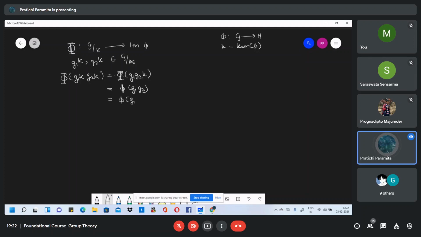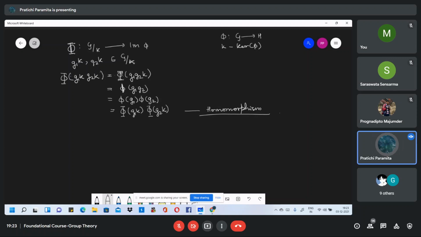And this is nothing but phi of g1, phi of g2, which is capital phi of g1 K, capital phi of g2 K. Is there any problem in this? No. Okay. So I have proved that it is a homomorphism.